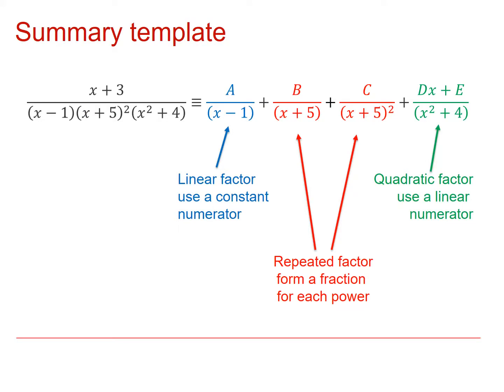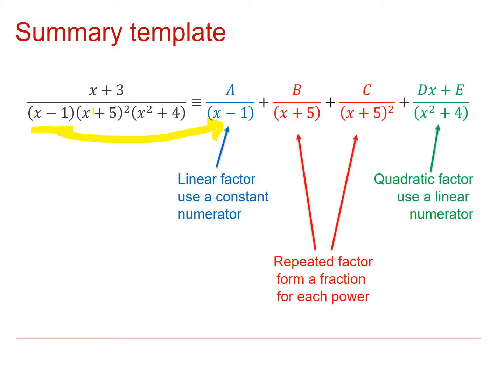So the summary template, if you're looking at something like this, and this covers all that we've seen so far: if you've got a linear factor, then you end up with a single fraction for that linear factor.